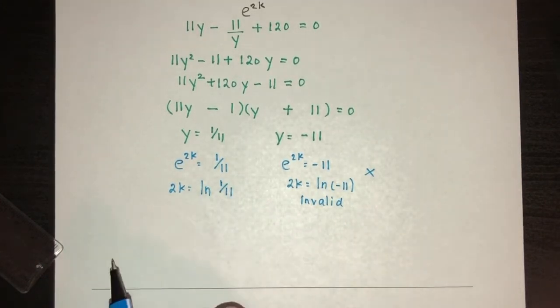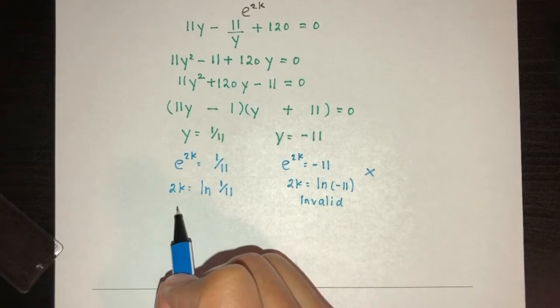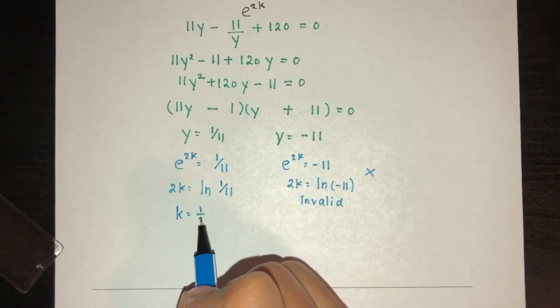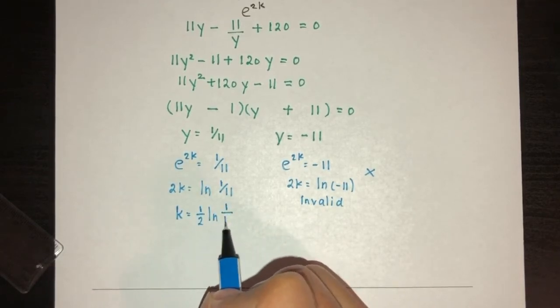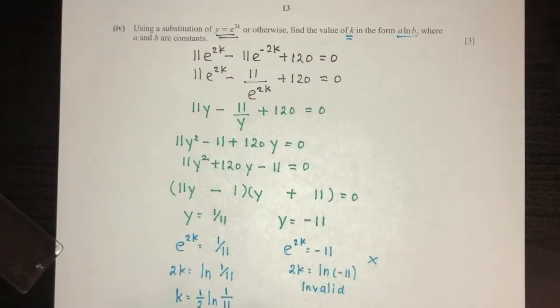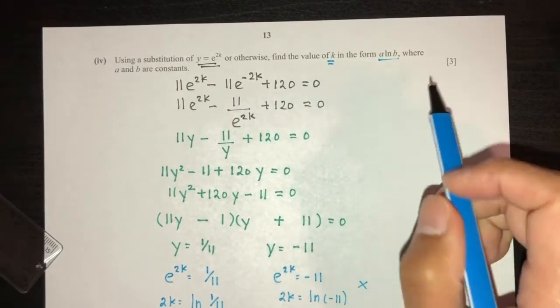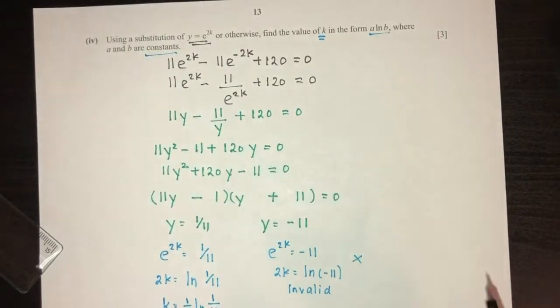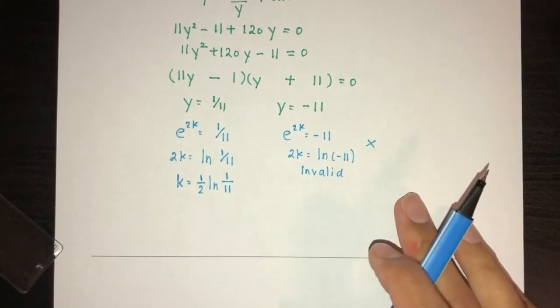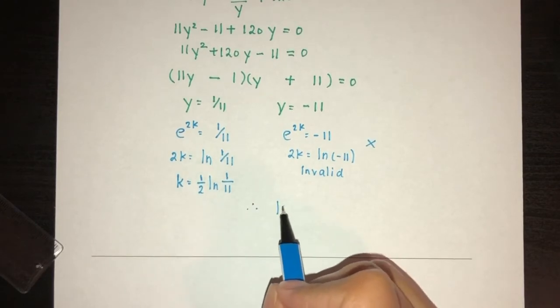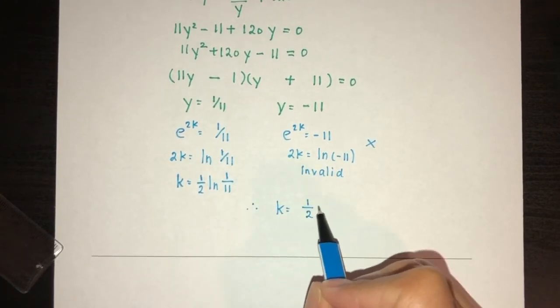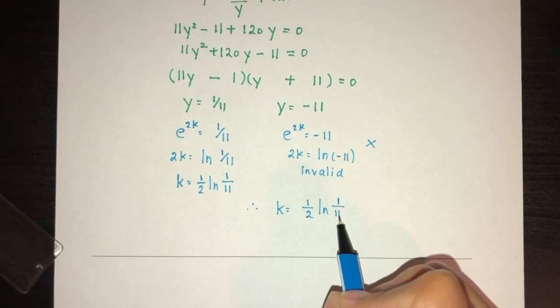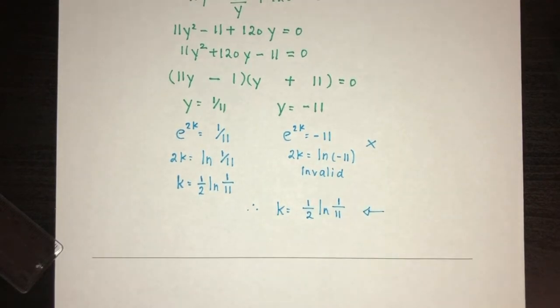Okay, so now k is equal to half of ln 1 over 11. So that is your value of k in the form of a ln b, where a and b are constants. Okay, it doesn't say integers, it only says constants, so that is enough. So your value of k will be half of ln 1 over 11. Okay, that will be your question part 4, and that is question number 8.